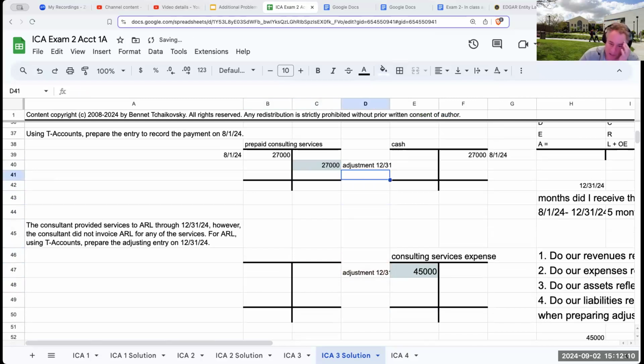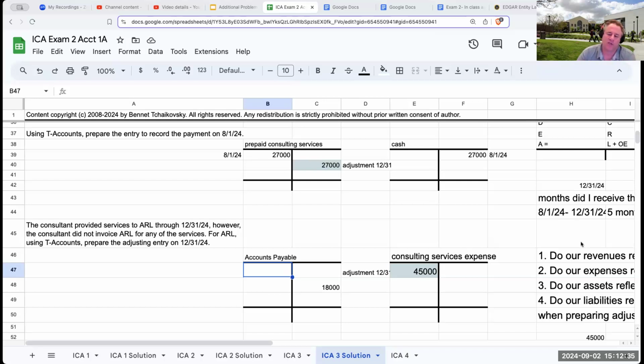Now, my problem is I'm not done yet. I've got 45,000 of debits and 27,000 of credits. I need another credit for 18,000. What is this going to go to? This is going to go to accounts payable. Why does this make sense? Accounts payable is a liability.